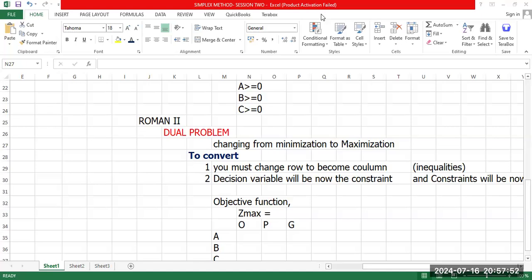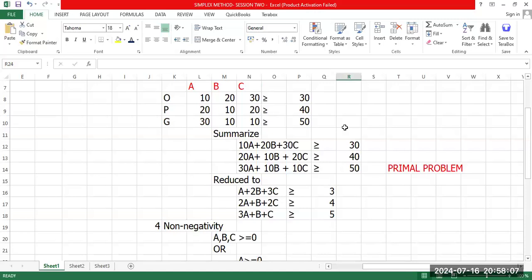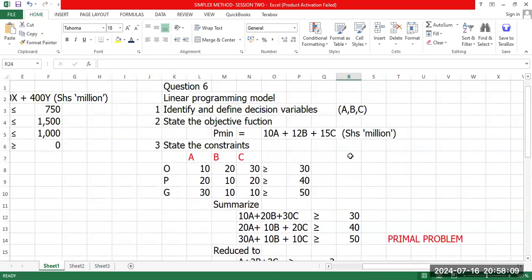Yes, but if they didn't talk about changing from Primal to Dual, would we continue and use minimization? Most of the time, when we are using the simplex method, the concept is always to maximize, especially when you are using the simplex method.